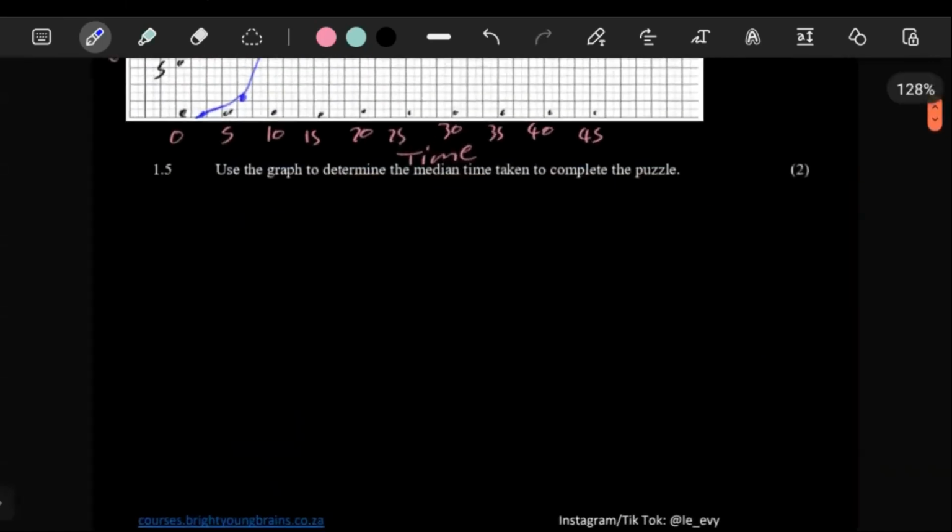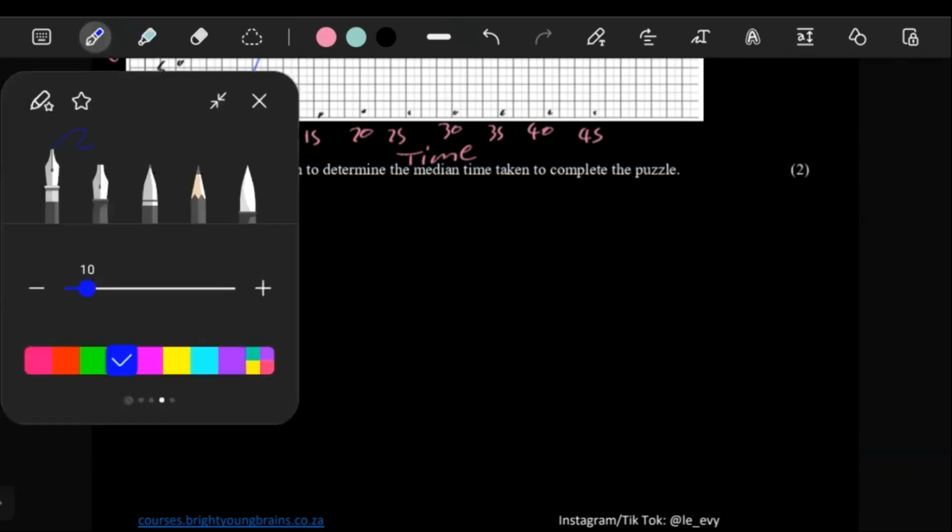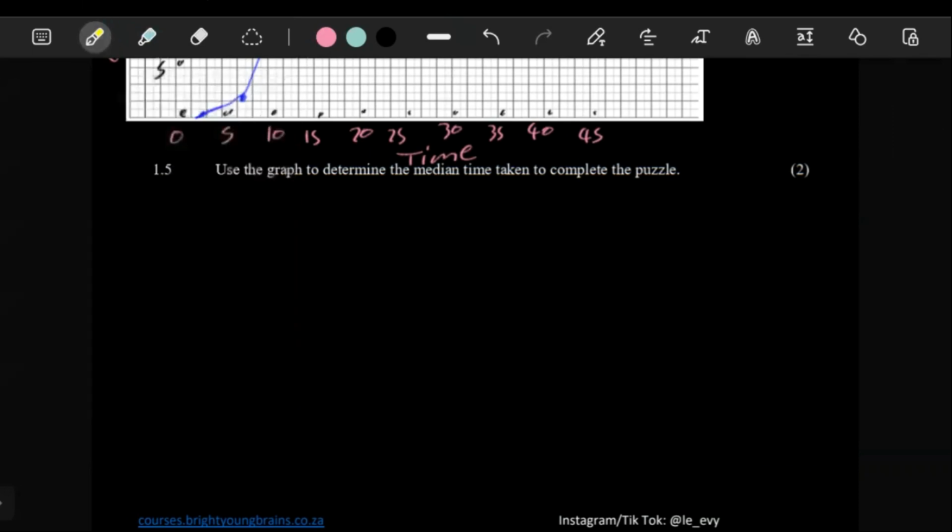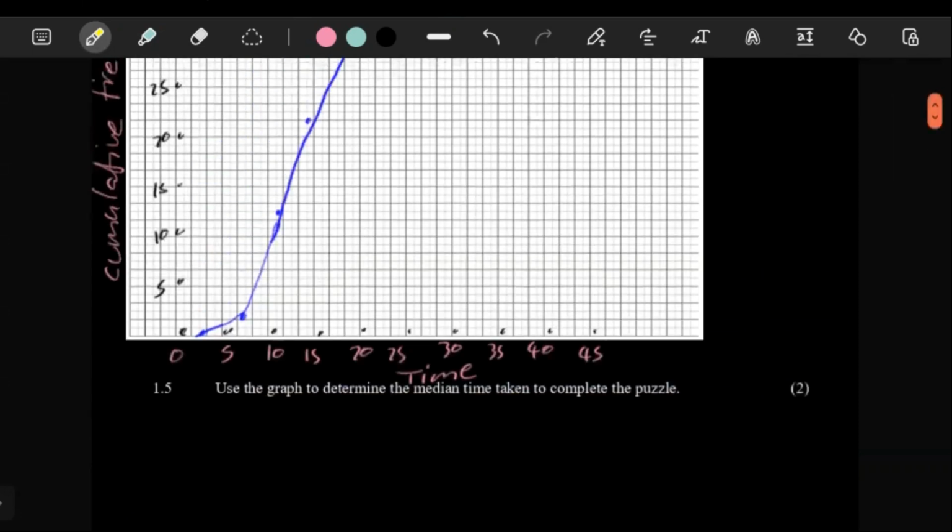So this last question says use the graph to determine the median time taken to complete the puzzle. So the median time will be in the middle of your data. When I say in the middle of your data, it's basically going to be in the middle of 45.